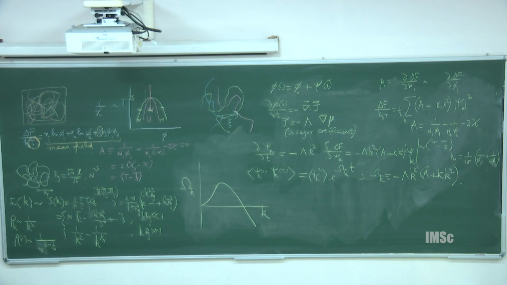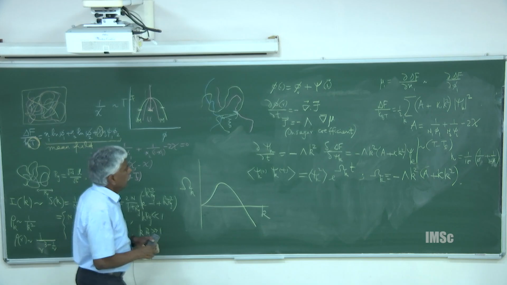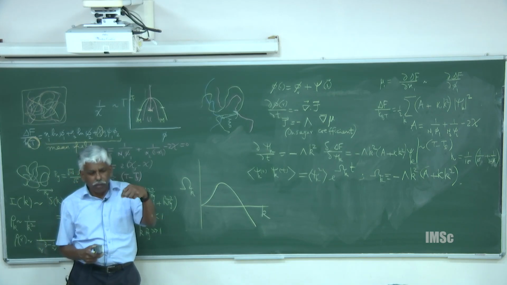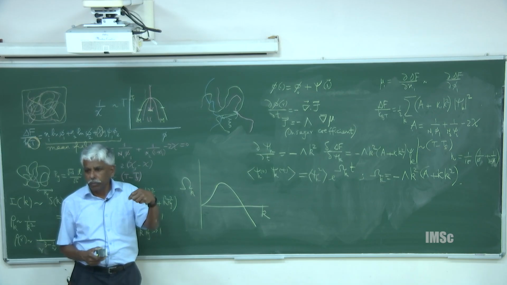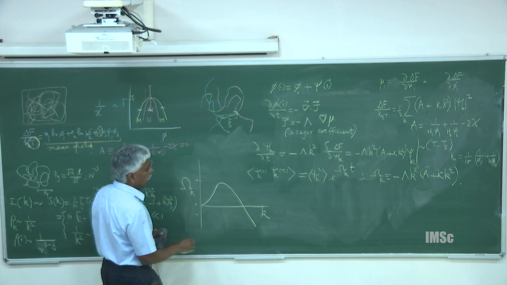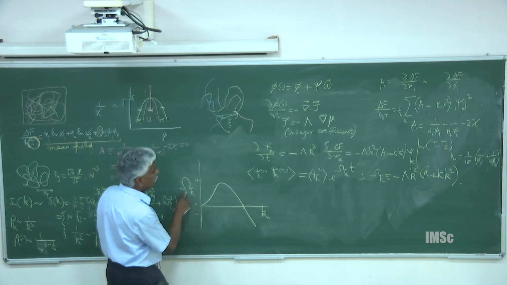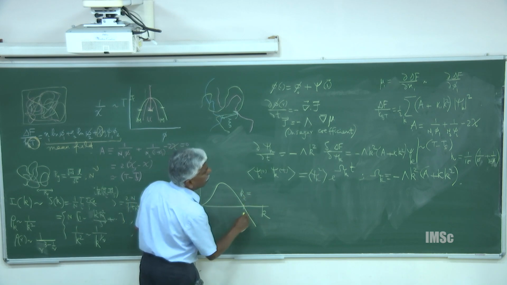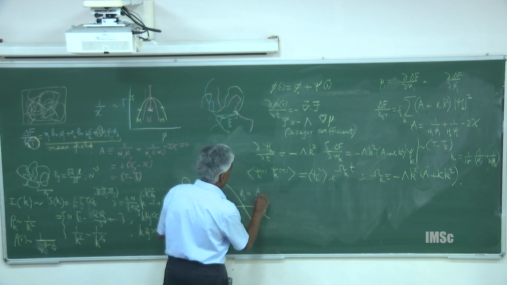This means even in the weak fluctuation limit, we have a spontaneous selection of some rate of fluctuation growth. So, this is positive, 0, negative, and we can calculate this. When this is 0, let me call it the critical value of k, it is going to be the square root of A over kappa.